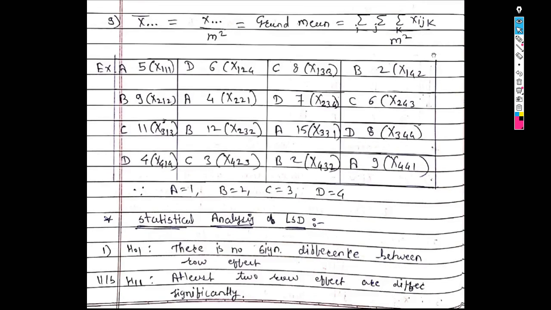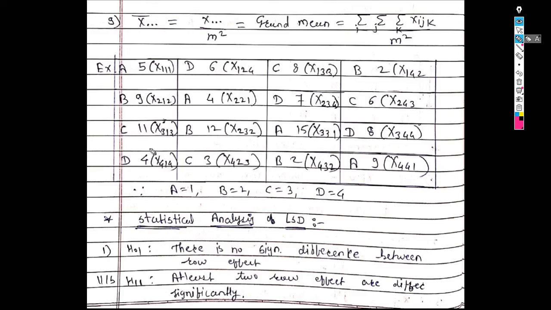So here I have written one example, for which we get observations. Here we have four treatments, A, B, C and D, and we assign these treatments in such a way that in each row and in each column each treatment appears only once.